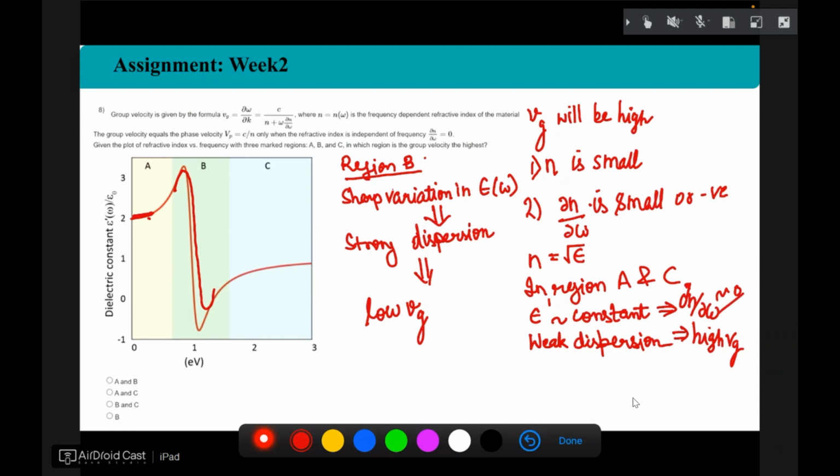So from this we can say that in region A and C, since the dielectric constant is constant, there will be weak dispersion. That implies high group velocity. So in region A and C, the group velocity will be higher, and in region B, the group velocity will be low.